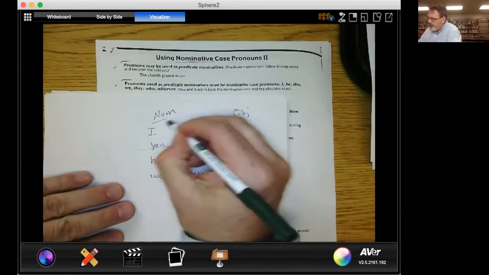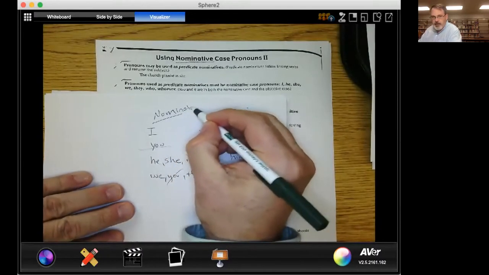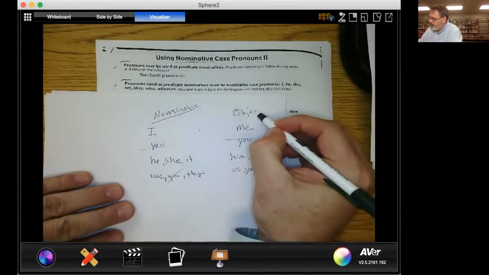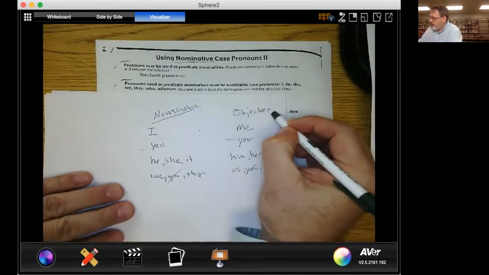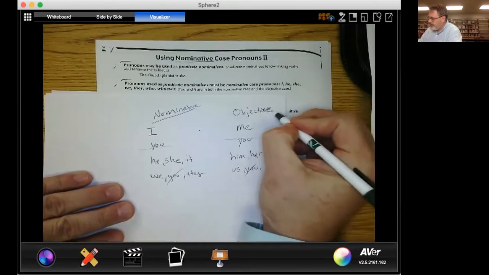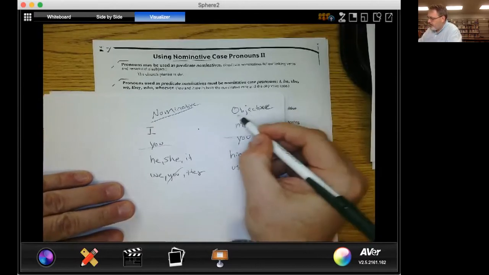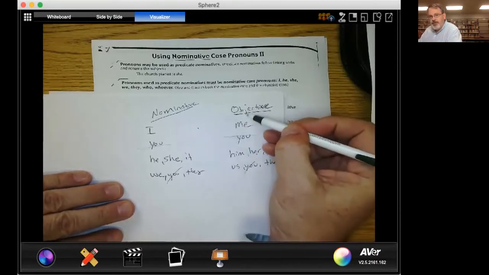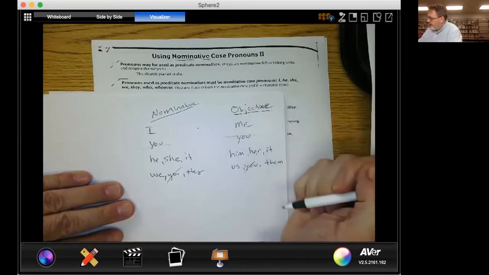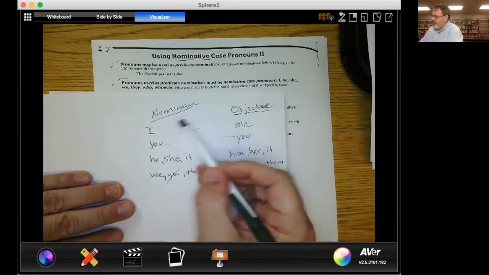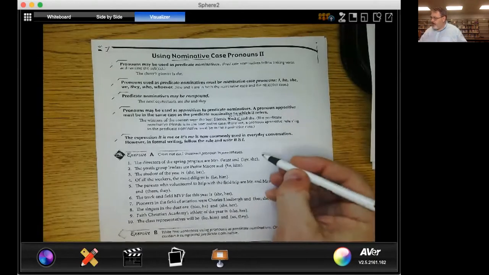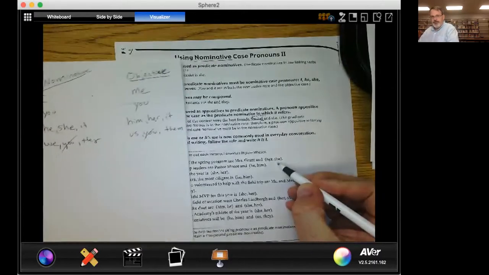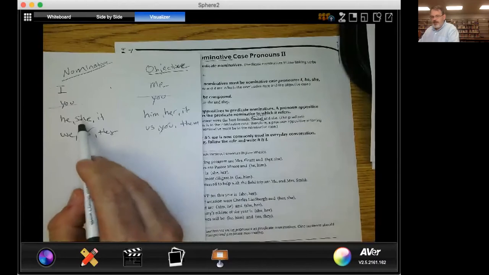The objective case pronouns would be for things that are objects, like object of a preposition, direct object, and indirect objects. So the answer to this one is she, because she is the nominative case pronoun.